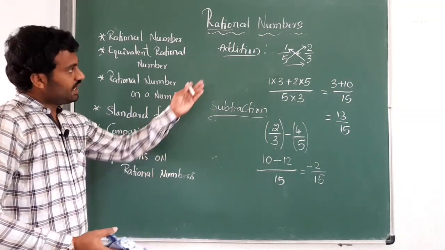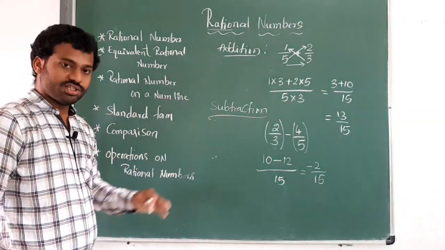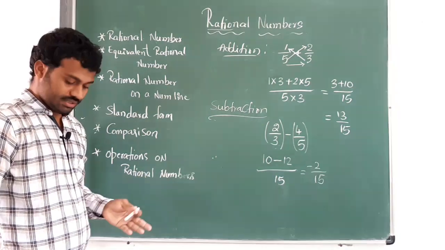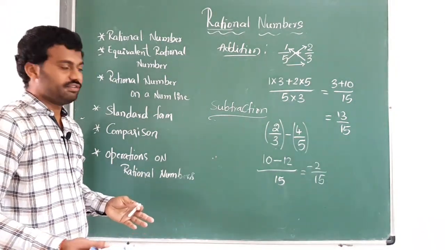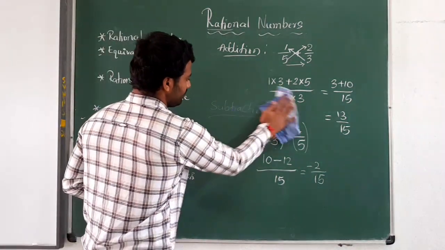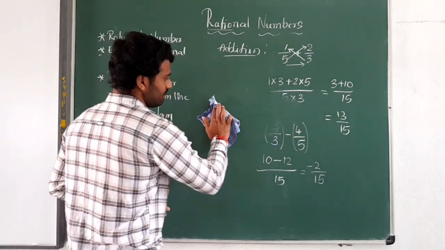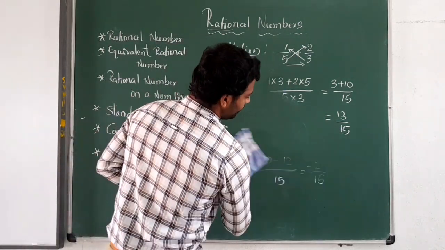So, next is what? Addition is completed, subtraction is completed. Next one is multiplication and the division. Before going to that, we have to know something: additive inverse.